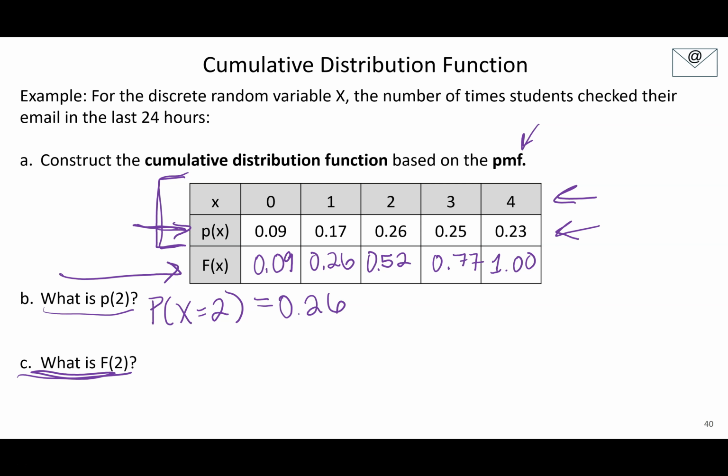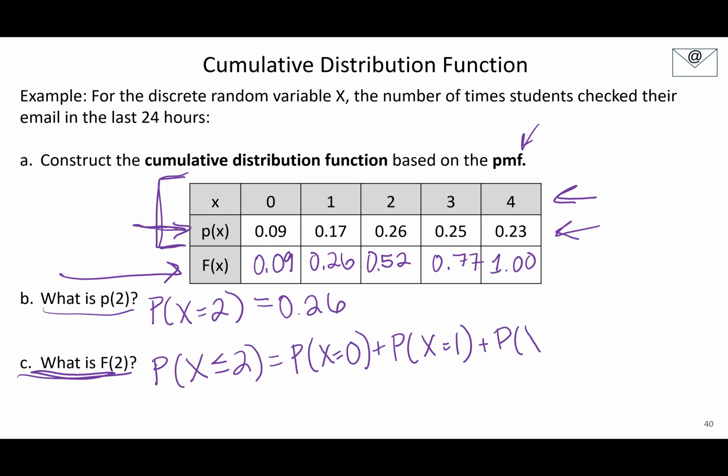So what is my CDF value? If I wanted to write that in terms of probability, that's the probability that x is less than or equal to 2. So that's the probability that x is equal to 0, plus the probability x is equal to 1, plus the probability x is equal to 2. We calculated that here and it ended up being 0.52.